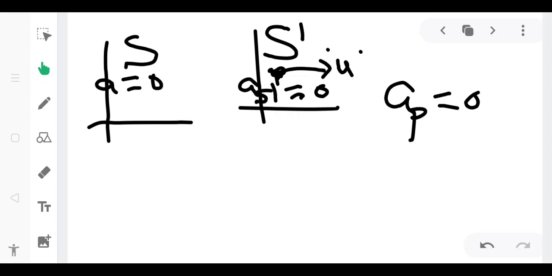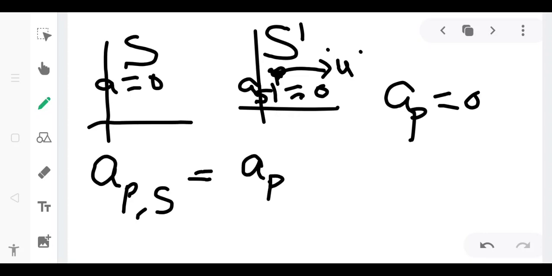So I will denote the acceleration of the particle with respect to the frame of reference S as APS, and that will be written as the acceleration of the particle with respect to the frame of reference S dash plus the acceleration of the frame of reference S dash with respect to S. So from this we can write that.